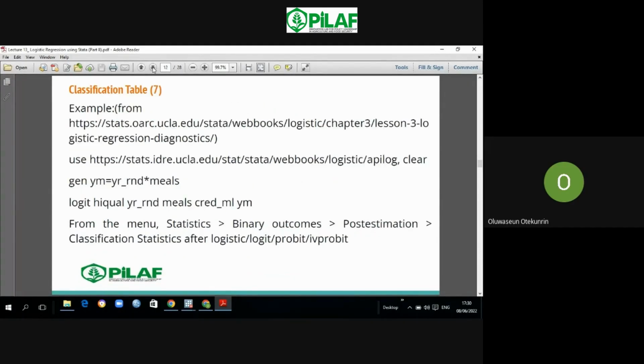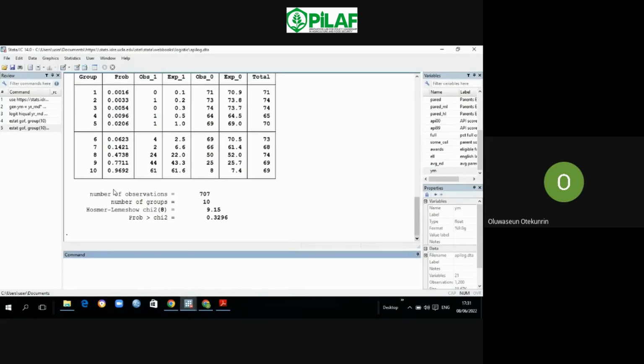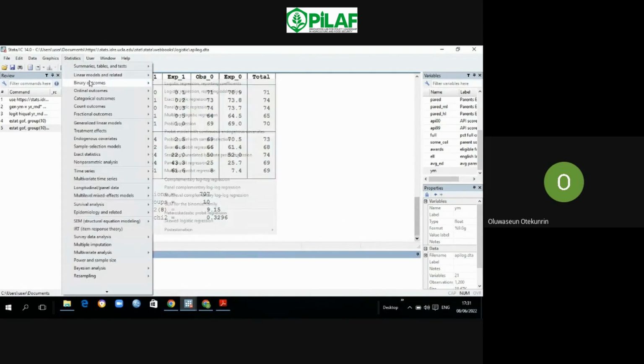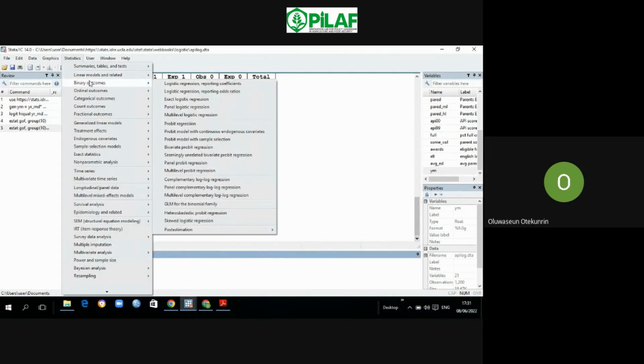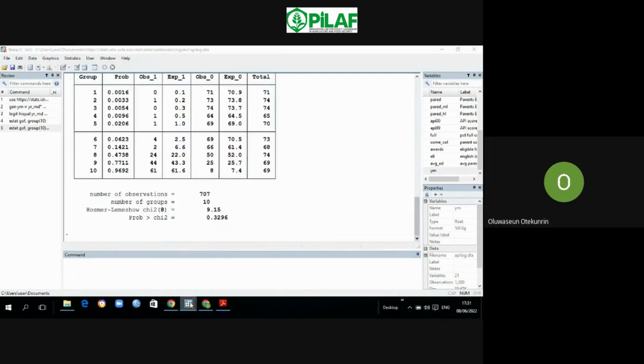If we go to slide 12 now, we are using the same data set. From the menu, you go to statistics. From statistics, go to binary outcomes. From binary outcomes, go to post estimation. From post estimation, go to classification statistics after logistic.